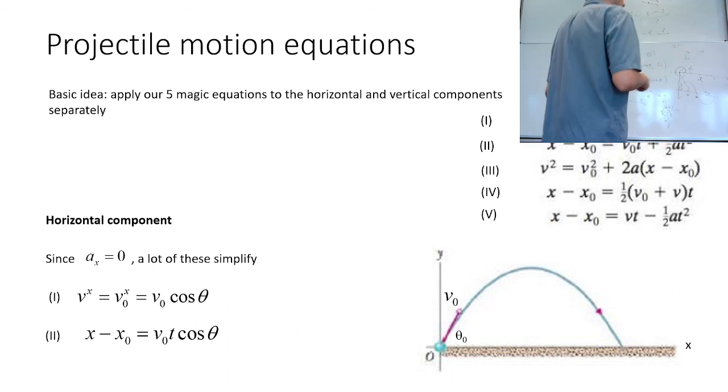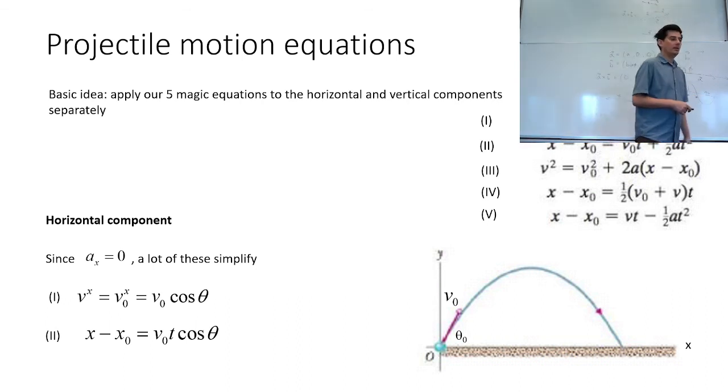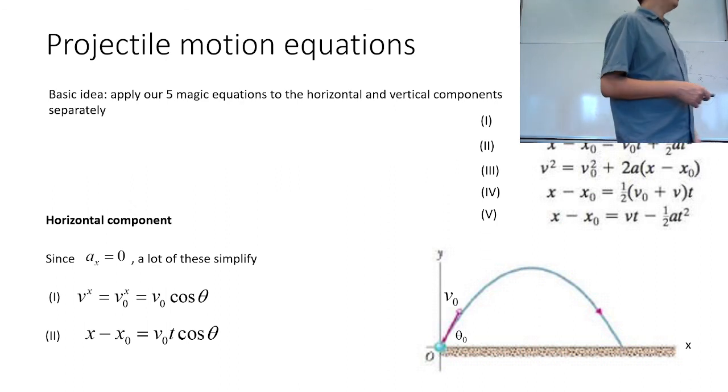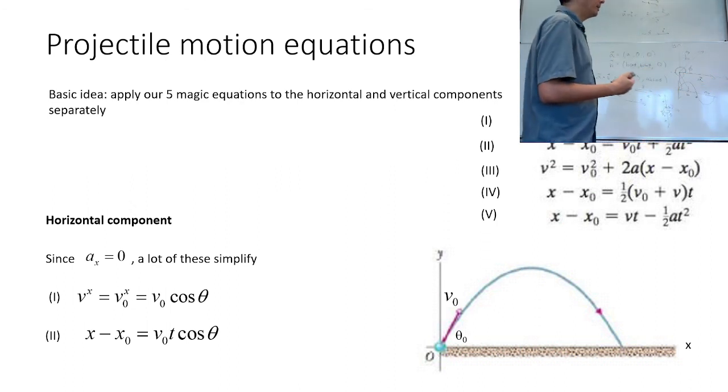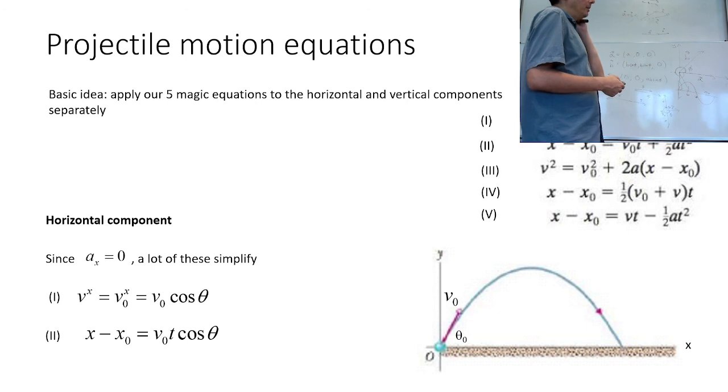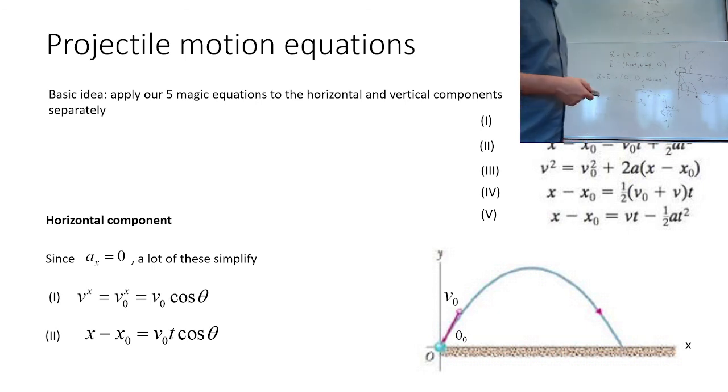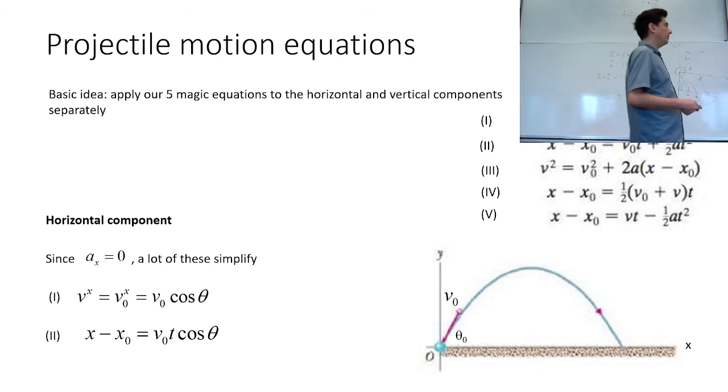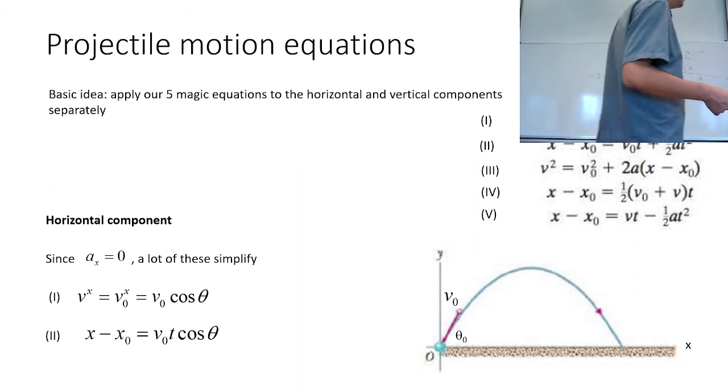Classic physics problems that you'll encounter are things like working out the coordinates of projectile motion, and essentially what you do is apply these 5 equations that we already learnt to this particular case.